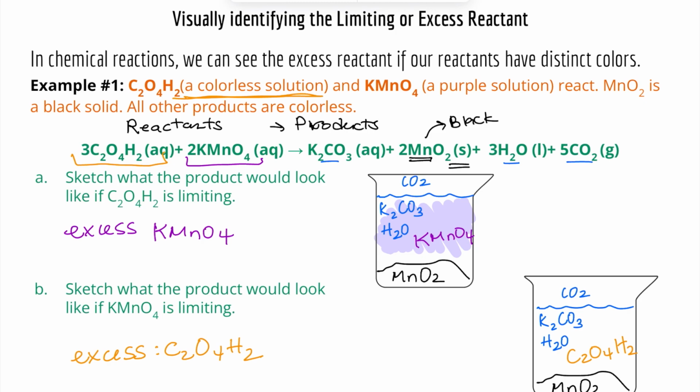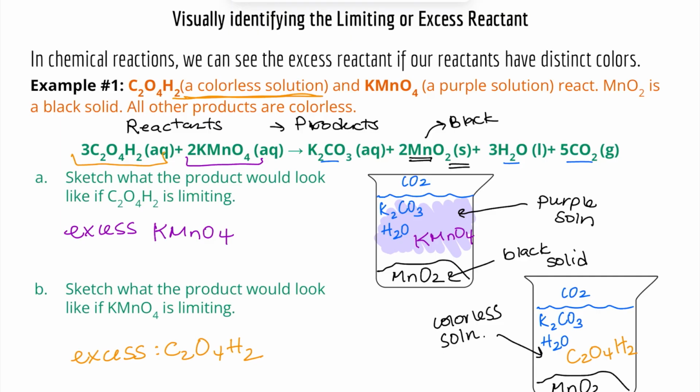The color of that doesn't actually change anything. If we don't have colors, we could also just indicate by saying this would be a purple solution, or this is a black solid. So you can also indicate without colors, colorless solution, and just writing what we know would be occurring.